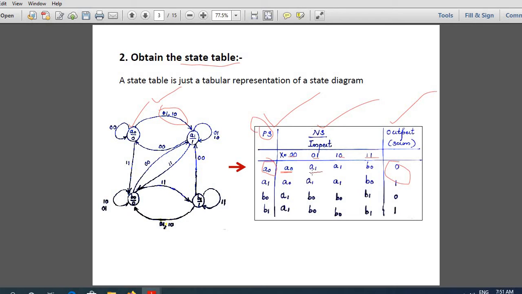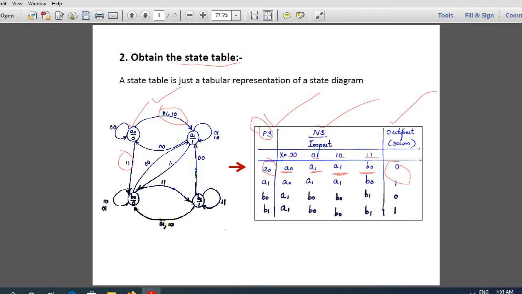Look here, for 0 1 and 1 0, it goes to A1. Now, if the combination is 1 1, what happens? It goes to B0. So this is how you fill the next state column.